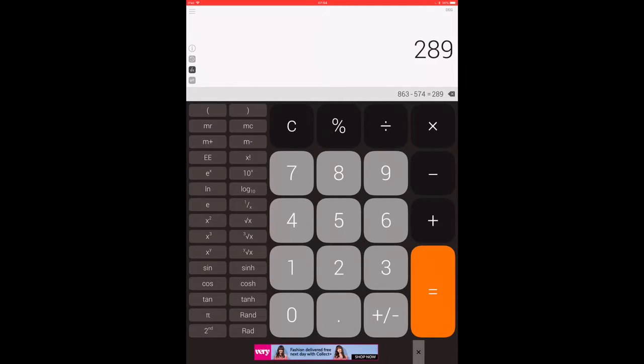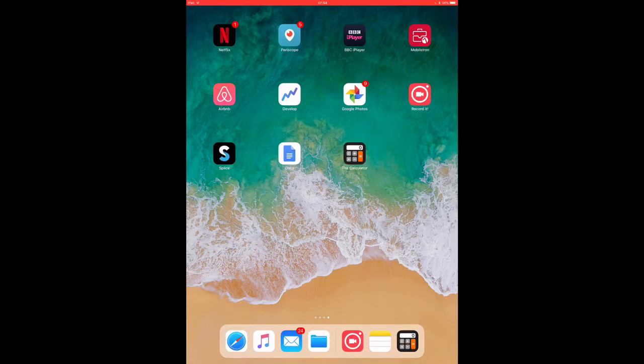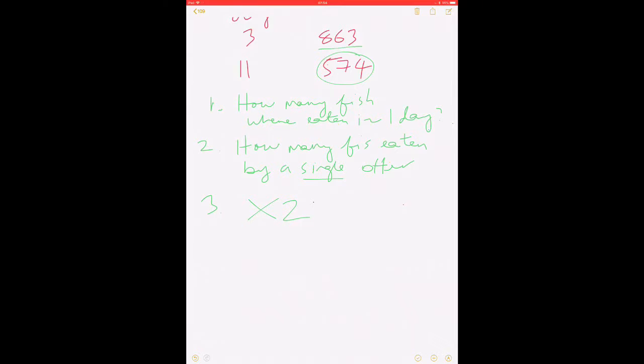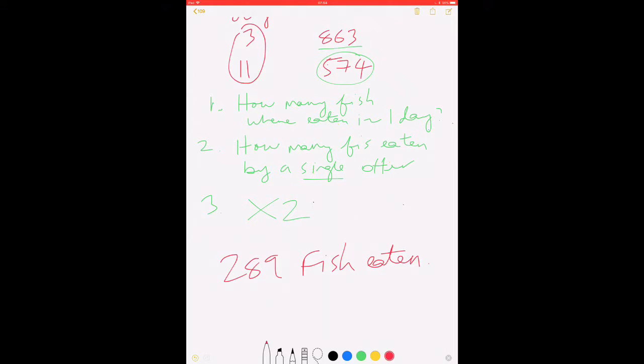So they ate 289 fish. Okay, go up here. So 289 fish were eaten. And that was over 11 minus 3 days, okay? So that was in 8 days.